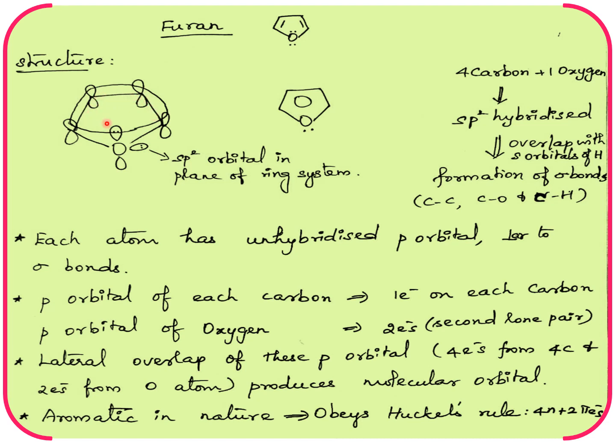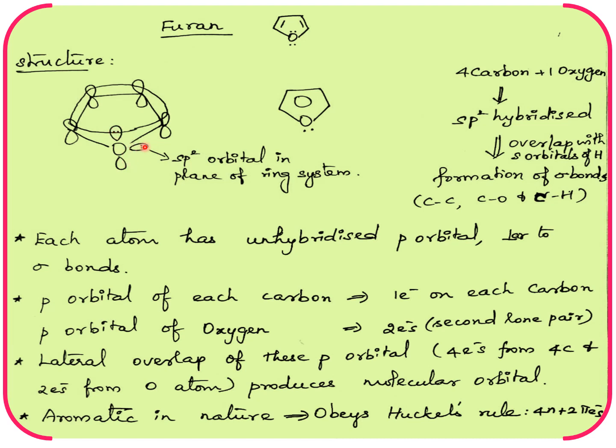Along with that, one lone pair of electrons is also involved in the delocalization of the pi electrons, because all these orbitals overlap with each other to give a continuous delocalization. Because of that delocalization, it obeys Huckel's rule, the 4n plus 2 pi electron system. So furan is found to be aromatic in nature.